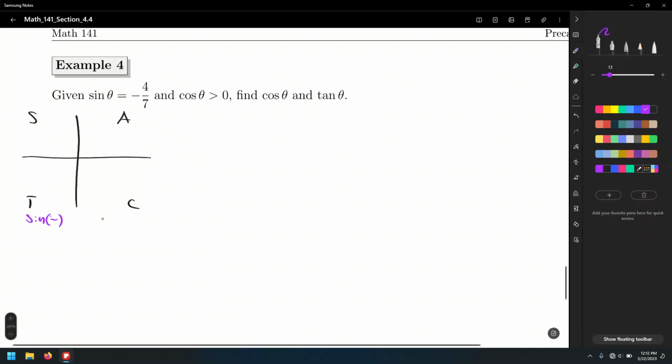Now we need to choose one of those two quadrants, the one that has a cosine greater than 0. In other words, the one where cosine is a positive value. Which one is it, the third or the fourth?